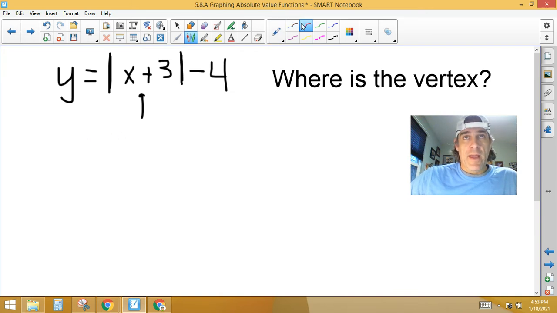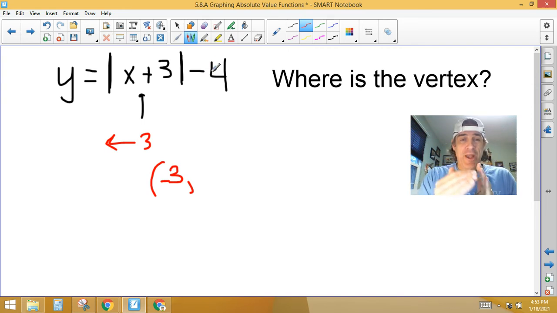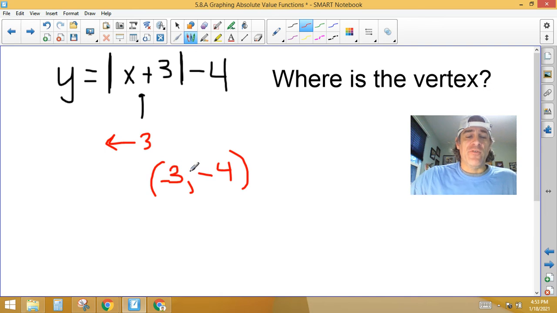Since it's plus 3, that means it moves it to the left 3 places, which means it's going to be negative 3. That's the x value of the ordered pair. This minus 4 on the outside is true to its name: it does move it down 4. So the vertex for the y value would be negative 4. So the vertex would be negative 3, negative 4.